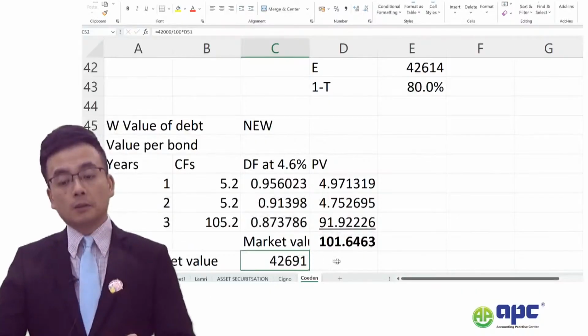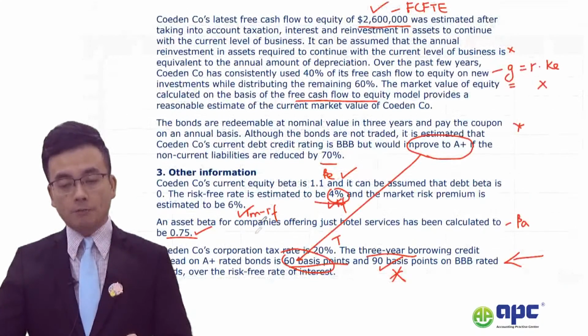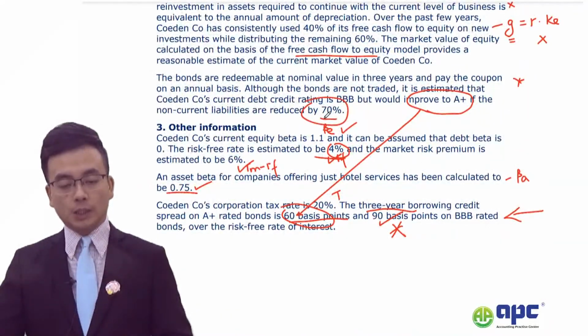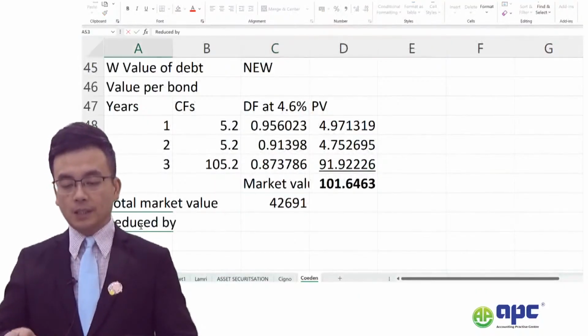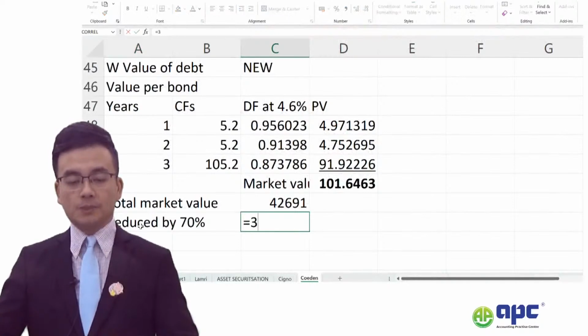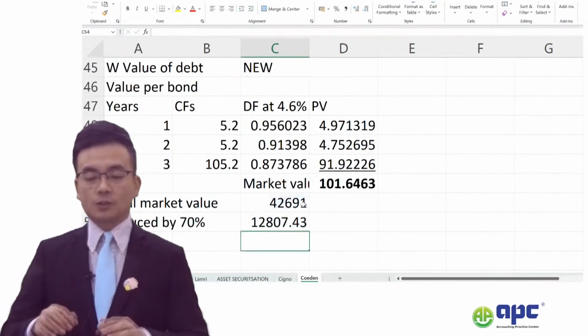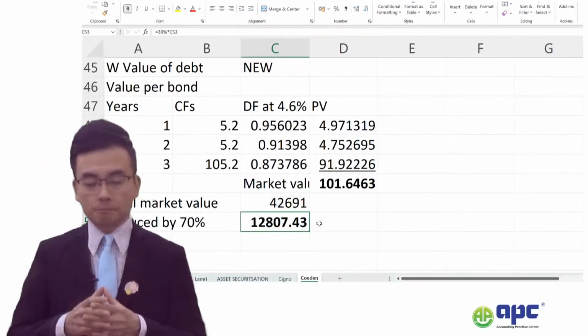Alright. Not just for that, but we are paying off, as we can see, 70% of the debt. So that's why it's reduced by 70%. That means the remaining 30% of the total market value here is 12,807.43.